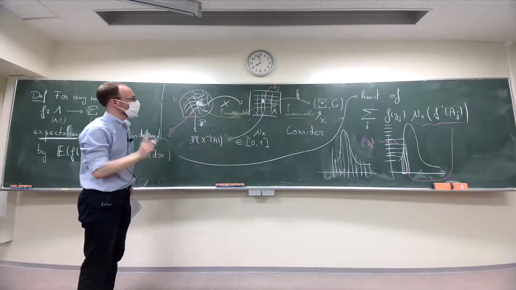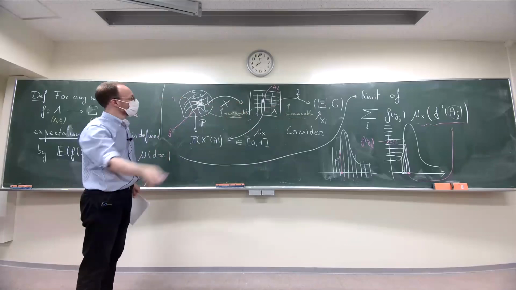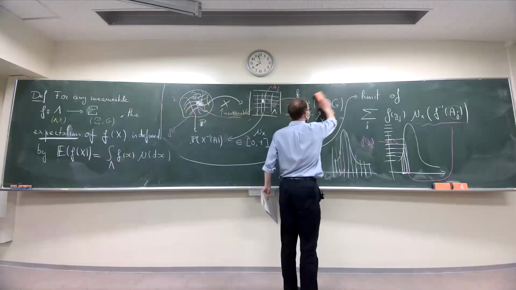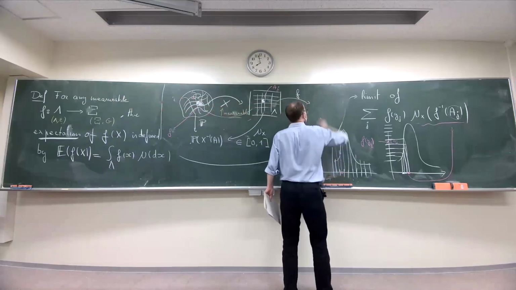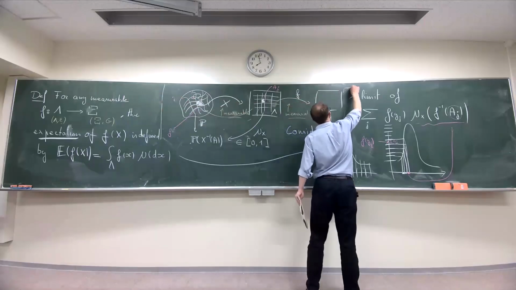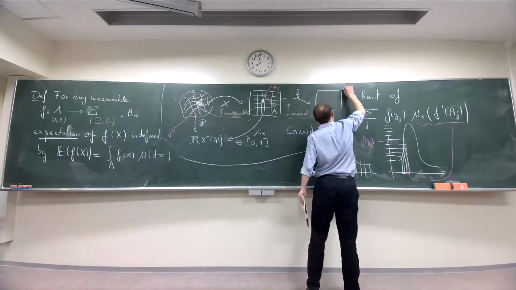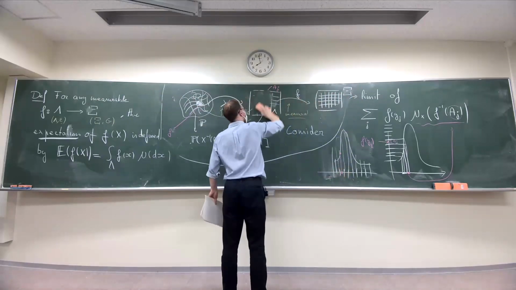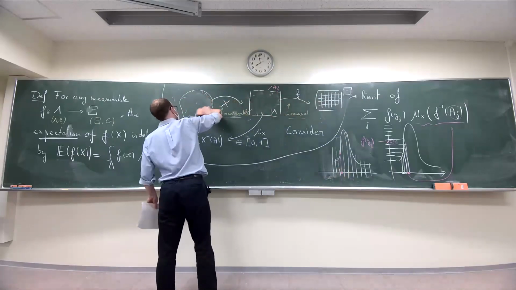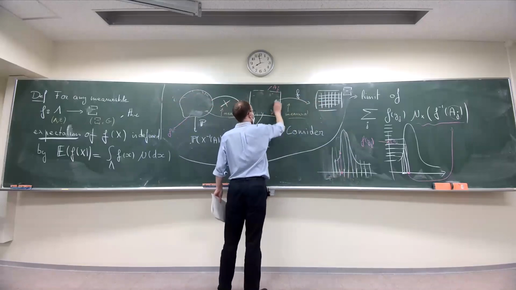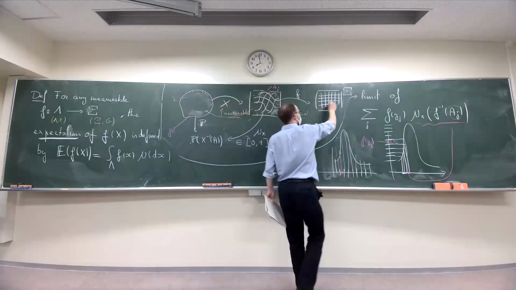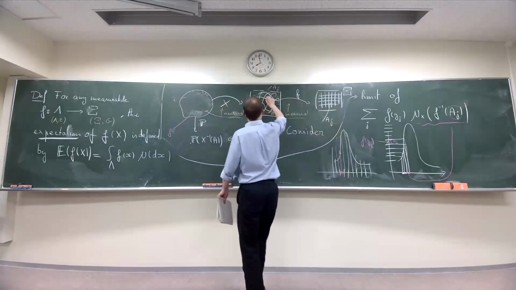Oh, no, sorry, I'm making a mistake. I should do it at the next step. Sorry, I did it at the wrong place. I have a partition here, and then it makes a preimage. I take a partition at this level. I take an Aj, I take f minus 1 of Aj.